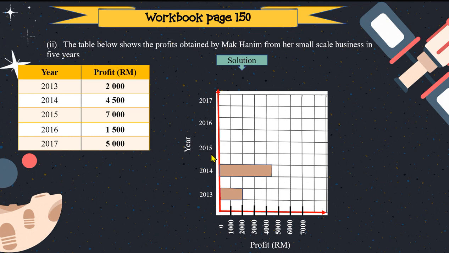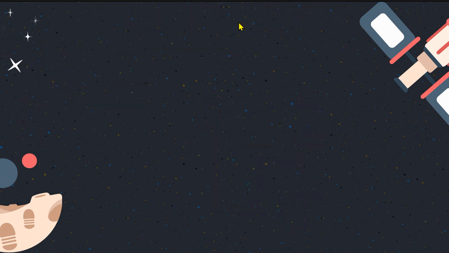And then 2015 is 7,000, so you draw the bar here. 2016 is 1,500, so you draw the bar here. And then 2017 is 5,000, so you write down here is 5,000. So this is your vertical bar chart. And then remember to write down the title. So this is the answer for question number 5, workbook page 150.